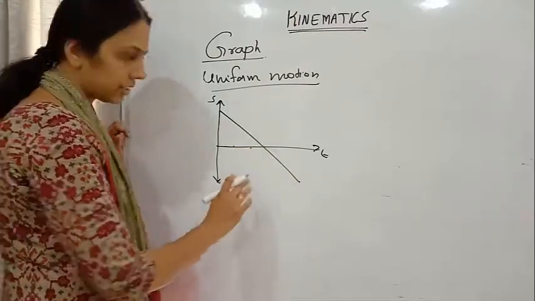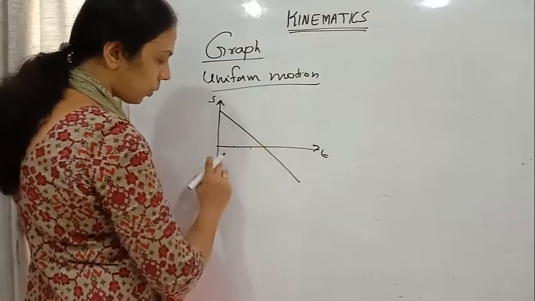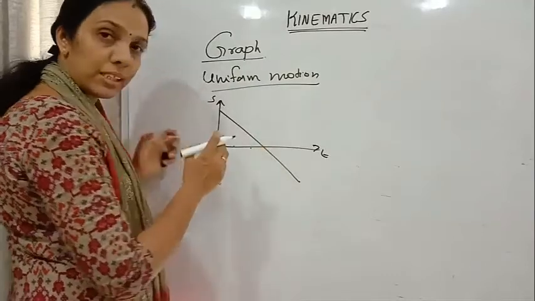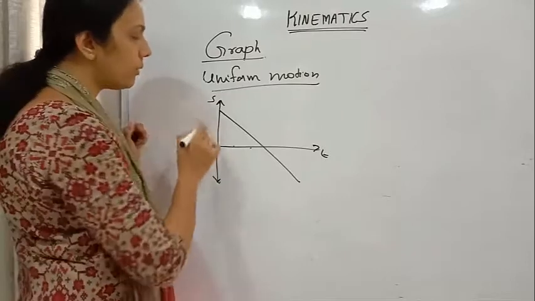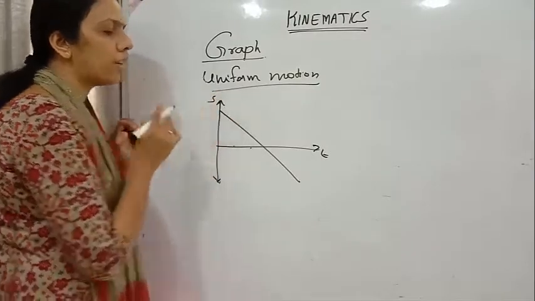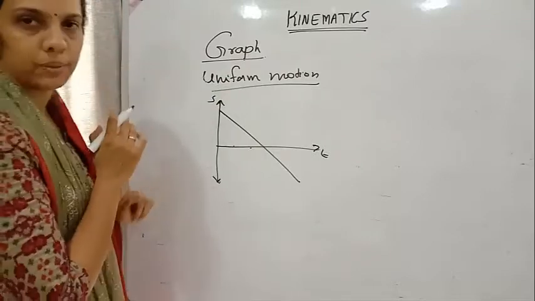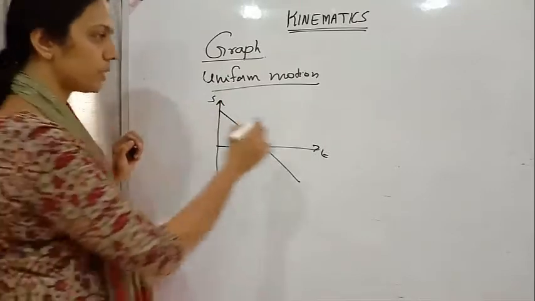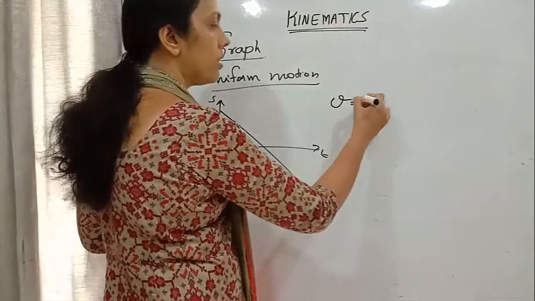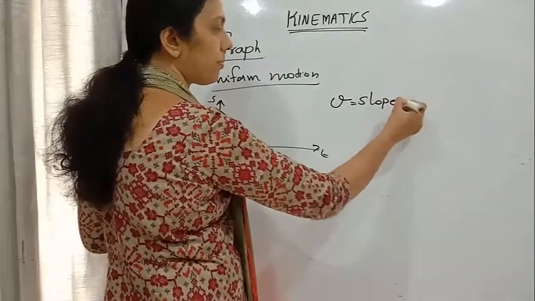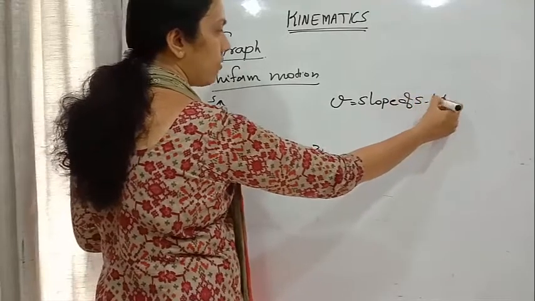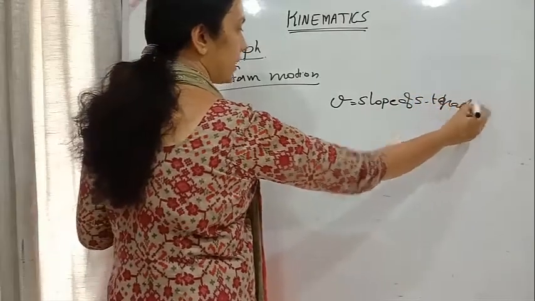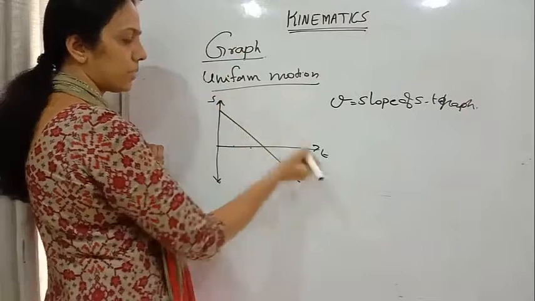In the negative direction, as time increases, the displacement is increasing negatively. What conclusions can we make from this graph? We can find the velocity by finding the slope of the graph. Velocity equals the slope of the displacement time graph, dy by dx, or ds by dt.